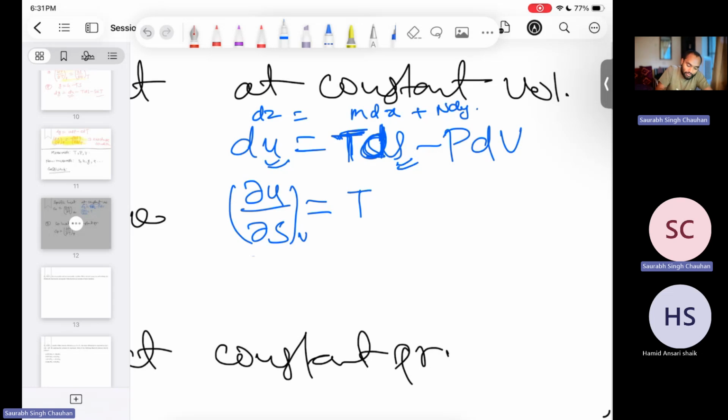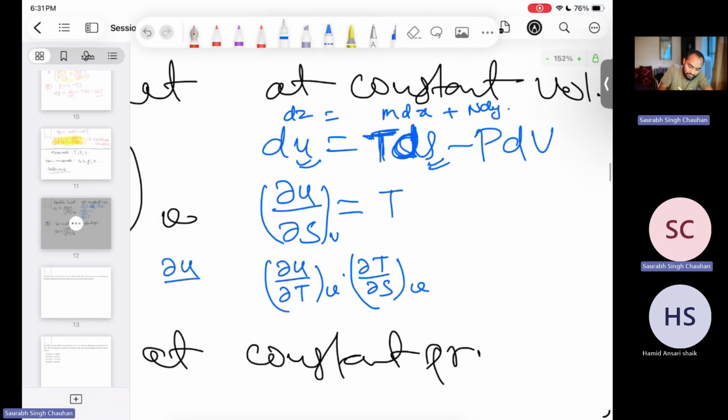You can also write this as del U by del S at constant volume. If you just use the chain rule, you can write this as del U by del T at constant volume times del T by del S at constant V. So this is the same thing actually, del U by del S at constant V. Is this correct?